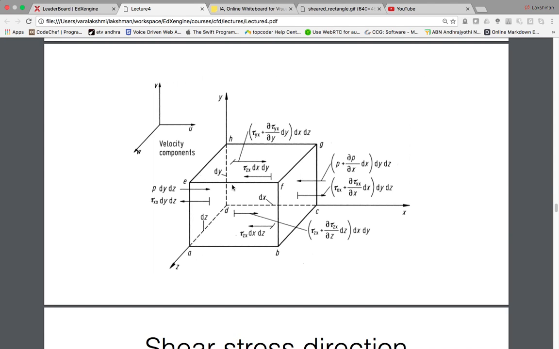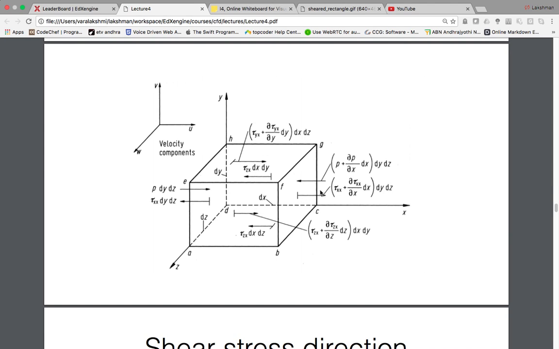For this element we used dy along the y direction, so the Taylor series expansion uses the y derivative multiplied by dy. And since this is just a stress, you must multiply it with area to get force, and the area of this element is dx dz. So this is the stress tensor.